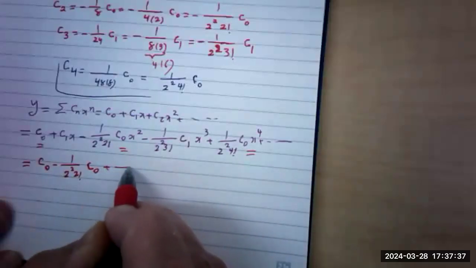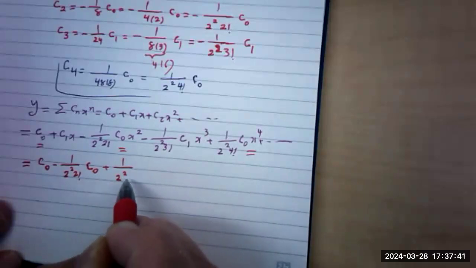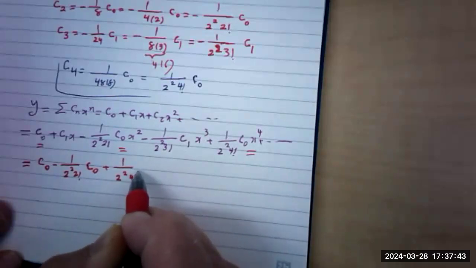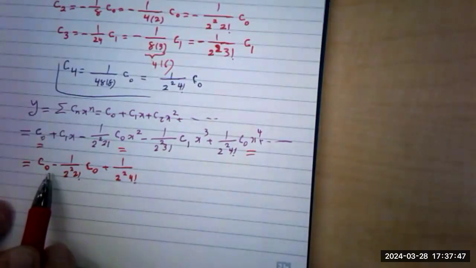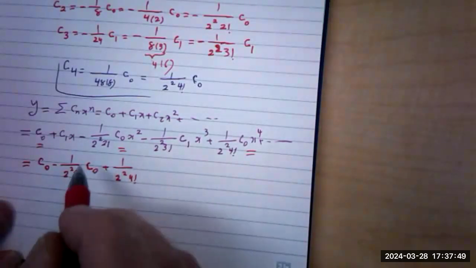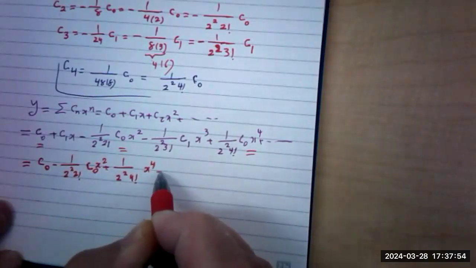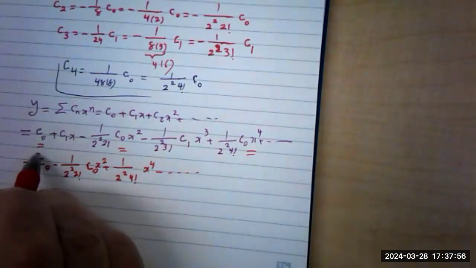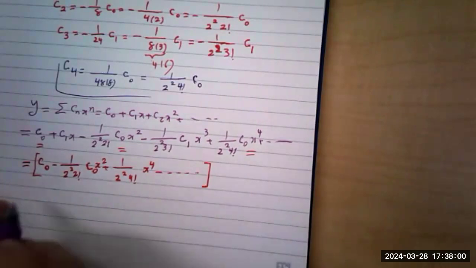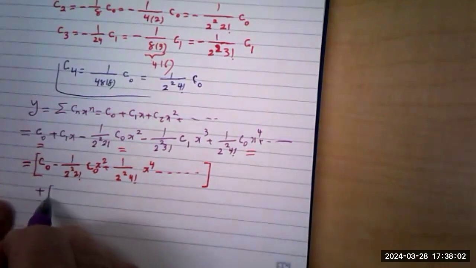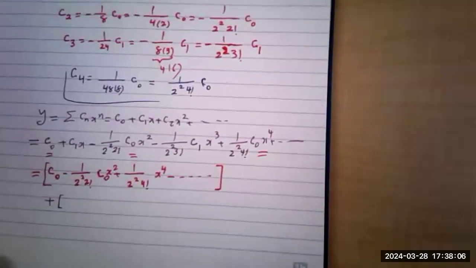Then the next one is going to be 1 over 2 squared times 4 factorial. That's a C naught. This is x squared. This is x to the 4th. And you continue to get these even powers. Then it's going to be plus the odd powers coming with those coefficients that we have here.